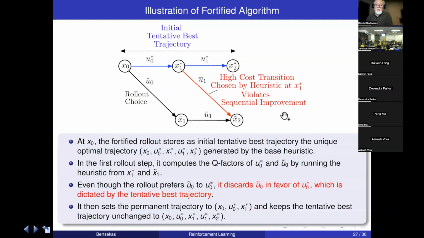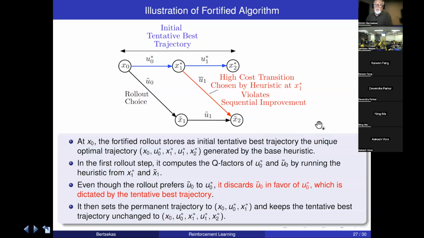Okay, I understand. So a follow-up question is, can there be a heuristic which violates one of sequential consistency and improvement and not the other one? Yeah, sure, of course. You're asking if it's possible to violate sequential consistency but satisfy sequential improvement, and also vice versa. This happens in a very important case.